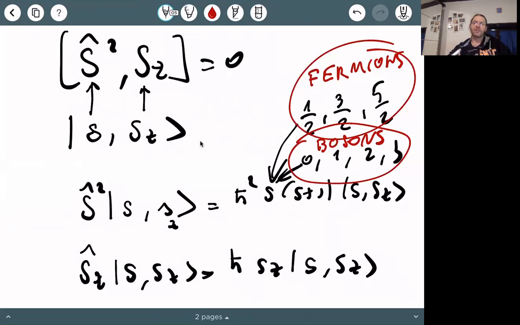Now, the reason it is important to distinguish between integer and half integer, to the point of giving them different names, is obviously not clear at this level. It will become clear at the end of this lecture. The behavior of integer and half integer spin particles is so different that it makes sense to consider really two families of particles altogether with entirely different properties.